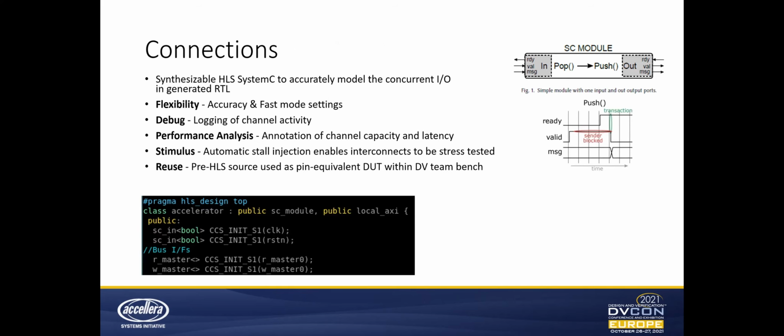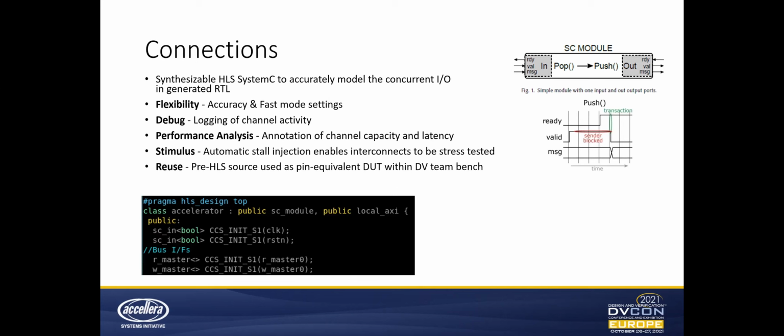So let's talk a little bit more about what the Matchlib Connections library enables and how it works. These ports and channels are all synthesizable and templatized for any data type that you might want to send through them. On the C++ side, transaction-level push and pop operations are used to send data through the channels. And on the port side, a data, ready, valid handshake system is used, which is exposed when the synthesized RTL is generated.